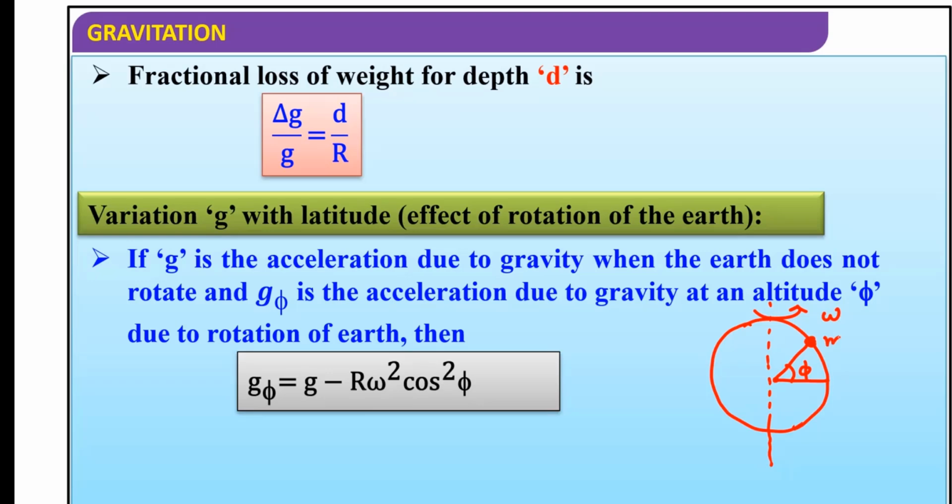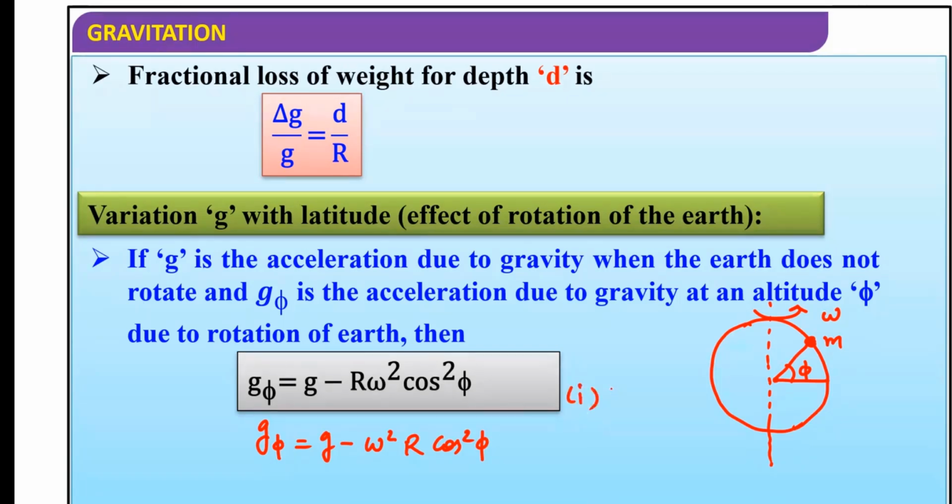So on the surface the object will experience gravitational acceleration g_phi as g minus omega square R cos square phi. Remember that two cases are there.